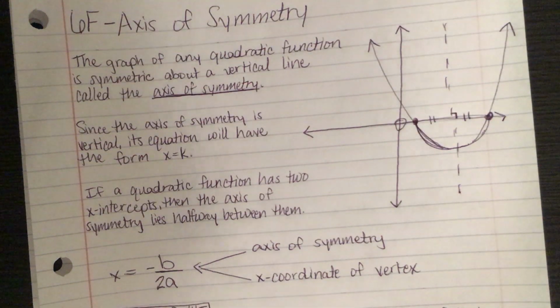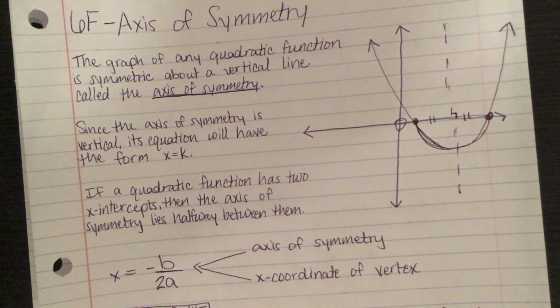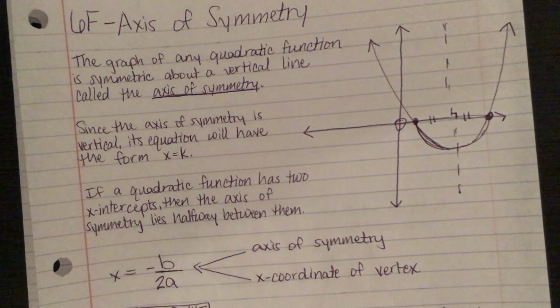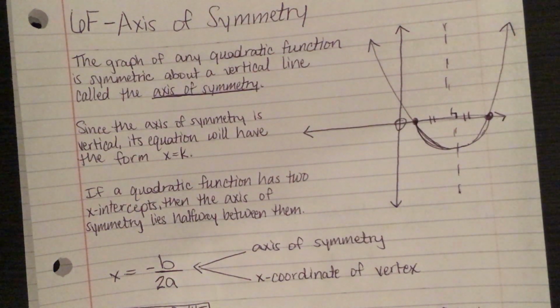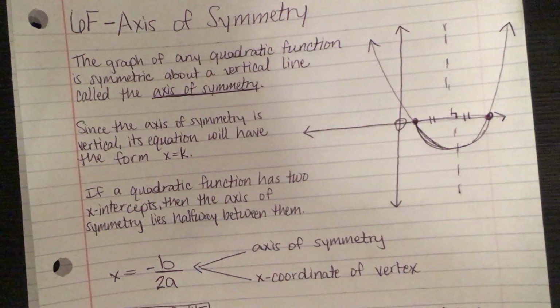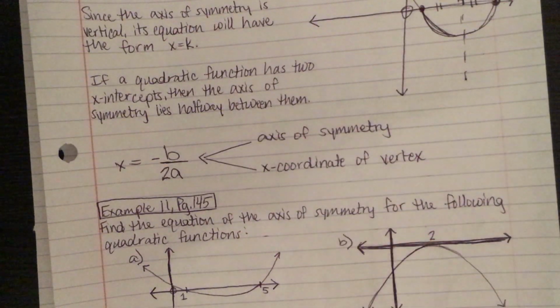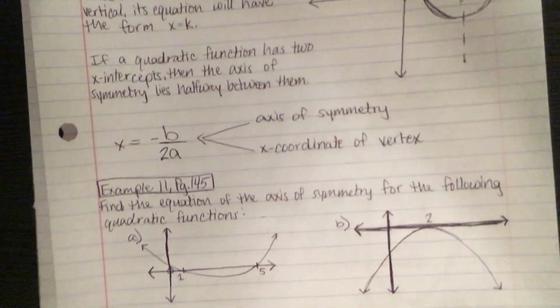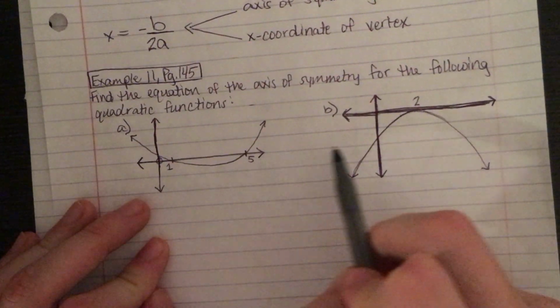That's a very important thing that will help you graph quadratics more easily and understand what the graphs will look like, because if you find the x-intercepts, you now have the axis of symmetry, which is also the x-coordinate of the vertex.